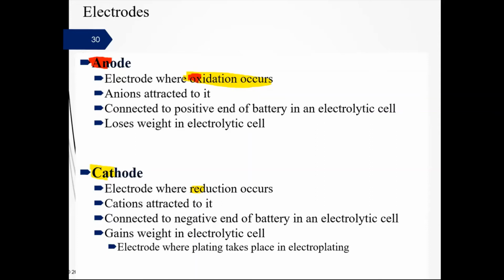So you kind of have two animals to remember. You have an ox and you have a red cat when you're trying to connect your electrodes. So your anode is for oxidation, your vowels go with each other, and your cathode is going to be with your reduction.